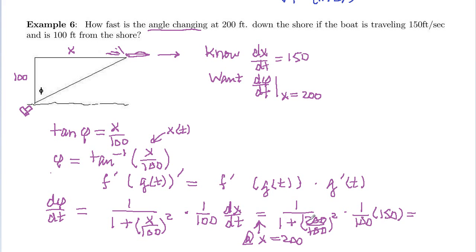That's really 2 squared, which is 4, plus 1, 5. This is 1/5. And then here we can actually cancel 50 top to bottom. There's two 50s in here and 3 in here. So that's actually 3 halves. So we've got 1/5 times 3 halves. And so multiplying straight across, 3/10 or 0.3. And that's going to be radians per second.